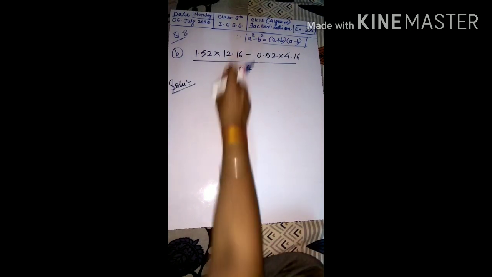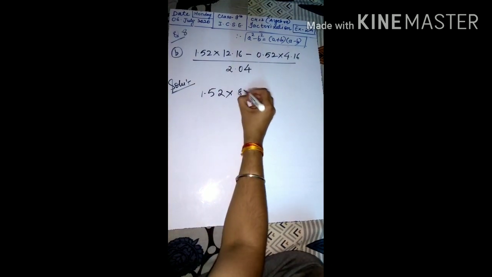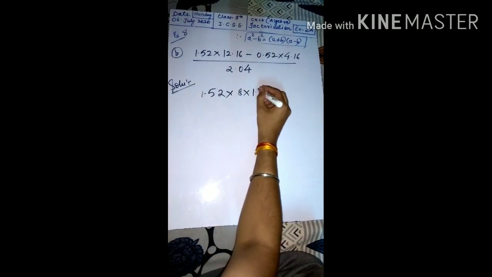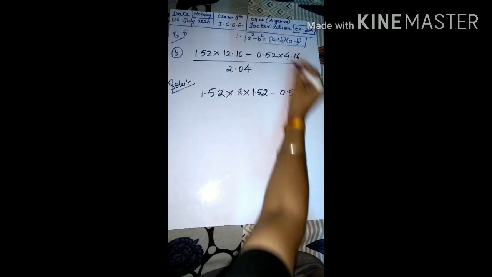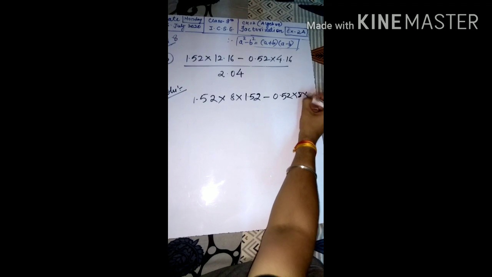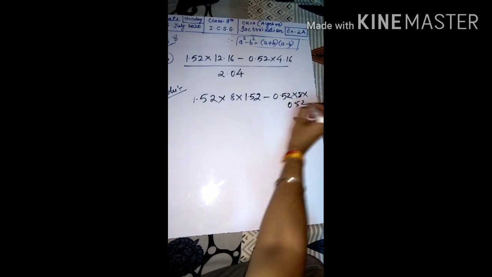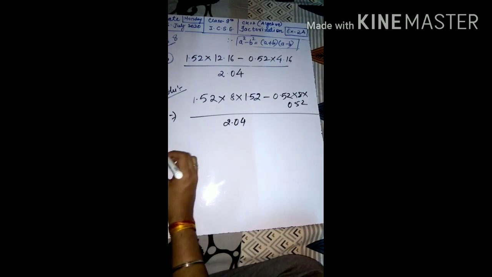Okay, so what can we write? We can write this as 8 into 1.52, and similarly this 4.16 as 8 into 0.52.